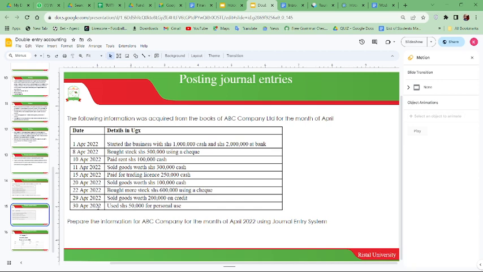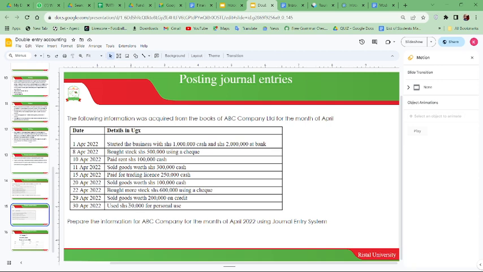Then we have the 30th, used 50,000 for personal use. Here you have to identify which accounts are there. We have a cash account and a drawings account. What is drawings?